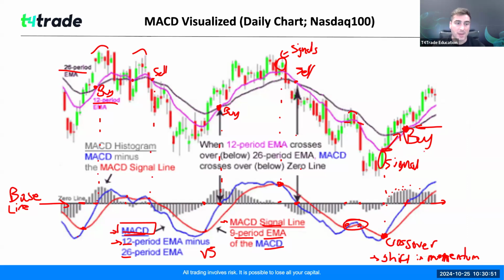So if you pay close attention to, and if you deal with the MACD as an indicator on a daily basis, you can spot these quite easily, and develop a strategy depending on your needs and your risk tolerance accordingly, whether to buy or enter.